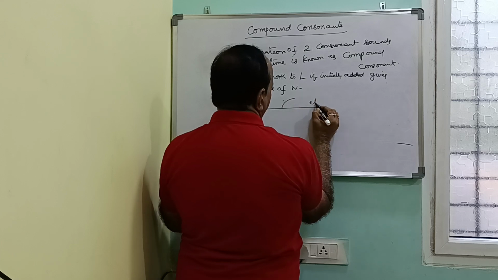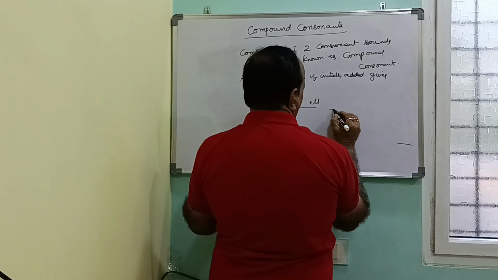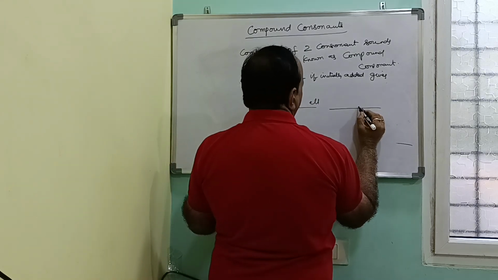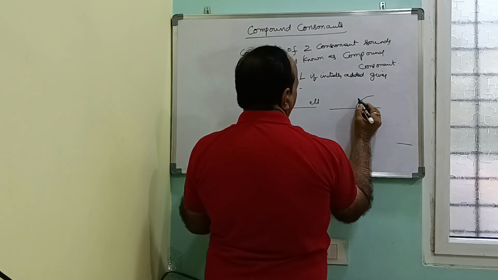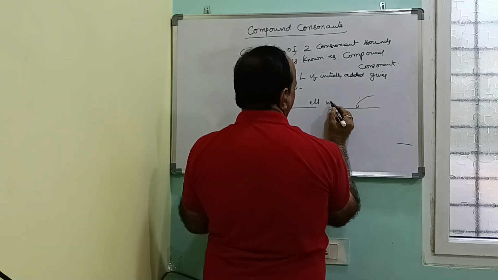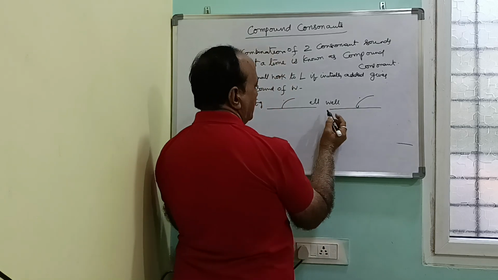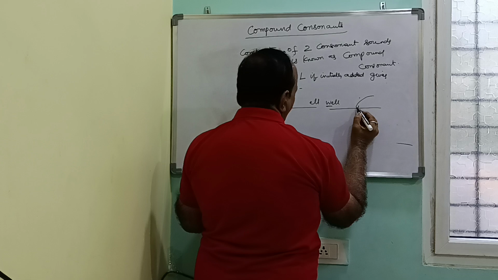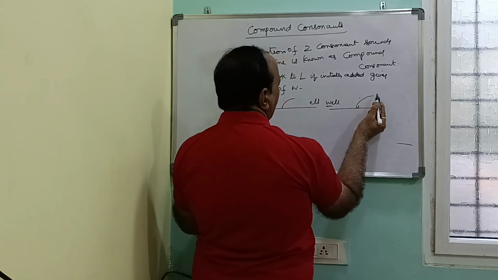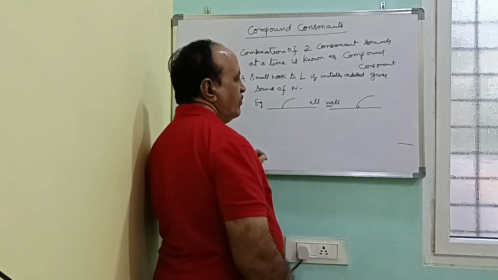Suppose I am adding the small hook to stroke L initially, it gives the sound of W. Well, we are writing like this. I am just adding the small hook to the stroke L. It gives the sound of W here.